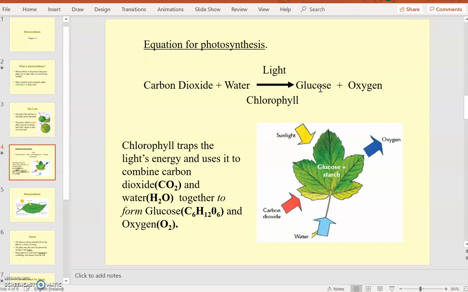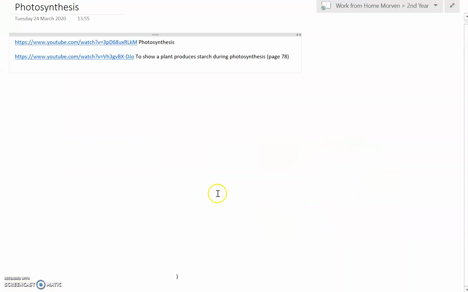So if you can show that a leaf has starch in it, then you can prove that the leaf is carrying out photosynthesis. The second little video, from Science for Schools, goes through how you show that the leaf has starch in it.